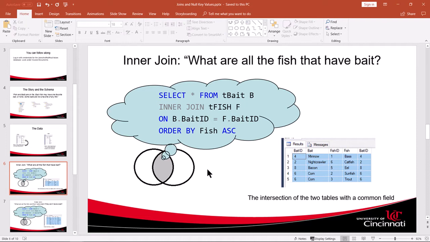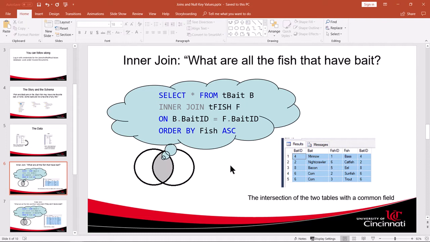We can graphically illustrate what we expect to get out of this select statement by drawing the Venn diagram. When you see the two overlapping circles with the gray area in the middle, the common area between the two circles, that is an inner join.